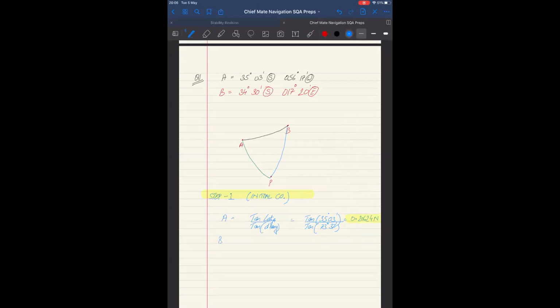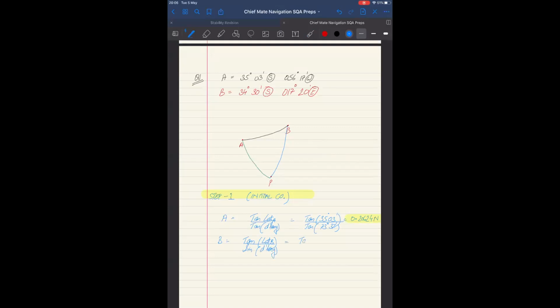B is calculated by tan of final latitude, which is lat B in this case, over sine of D long.